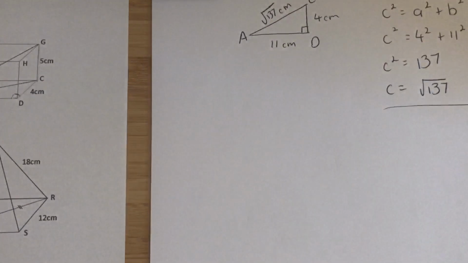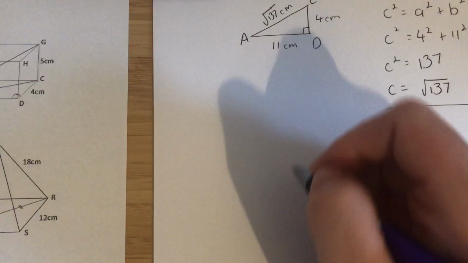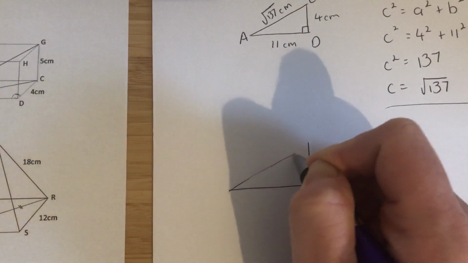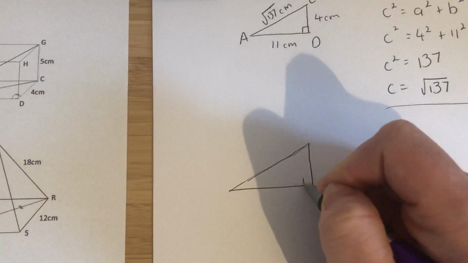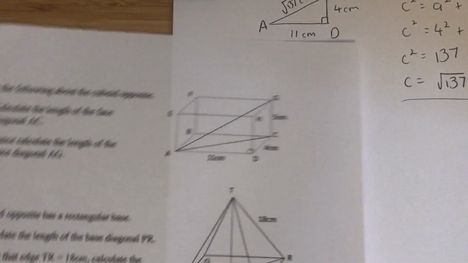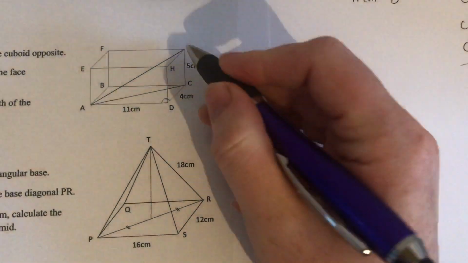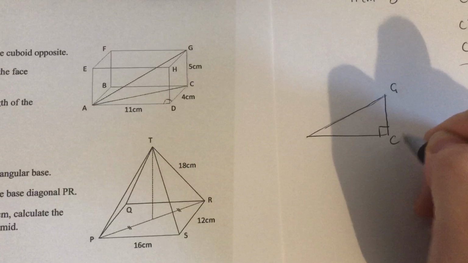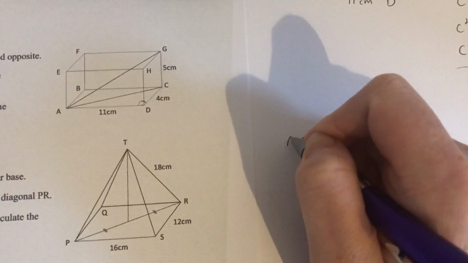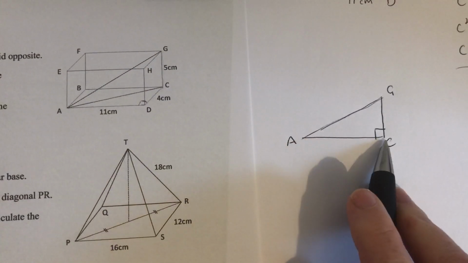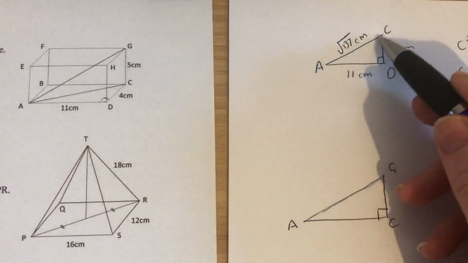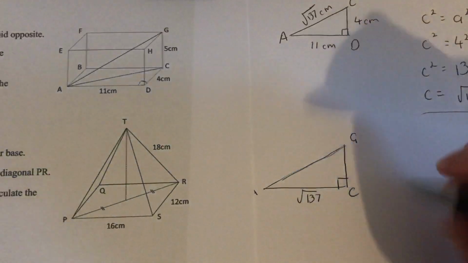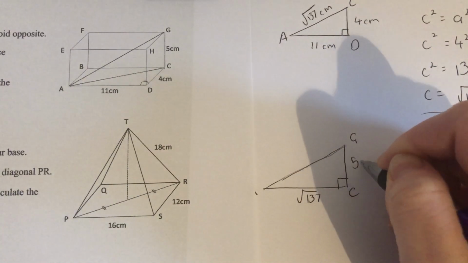This is why we found the first one, so that using 3D Pythagoras we can then find the long one that we're trying to find in part B. I've drawn here G down to C and along to A. This length AC at the bottom is the one we've just found, which is the square root of 137. This one here is 5 centimetres.